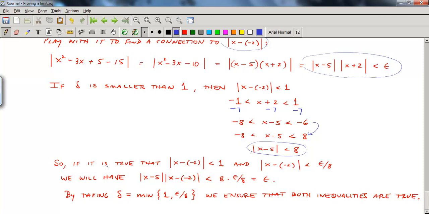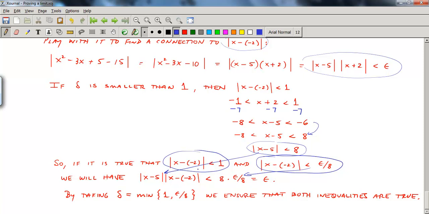So what we say is that if I take delta to be 1, and if it's likewise true that delta is epsilon over 8, then the product of those two will be less than 8 times epsilon over 8, which is epsilon.